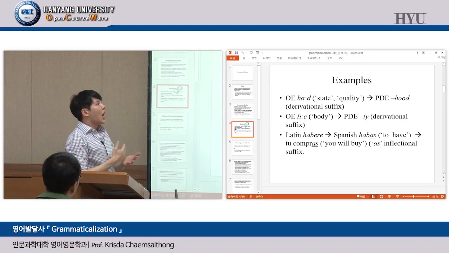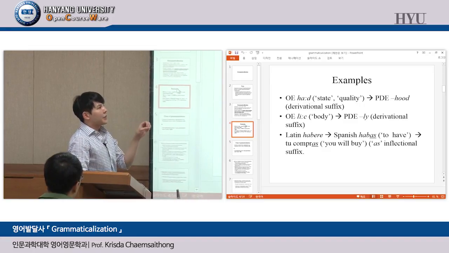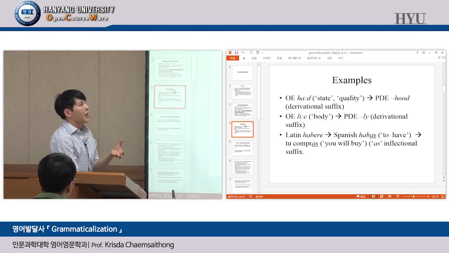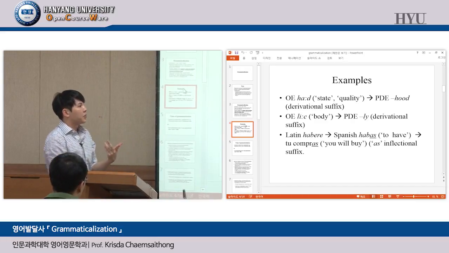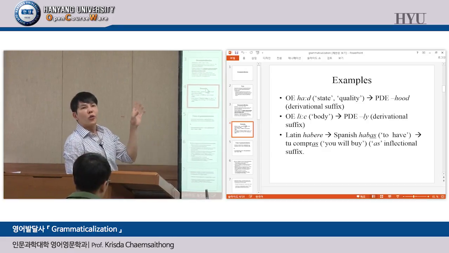In modern English, that word is no longer a word, but it has become a morpheme, right? Hood, which means a quality of being, for example, brotherhood, sisterhood, right? Neighborhood, the quality.